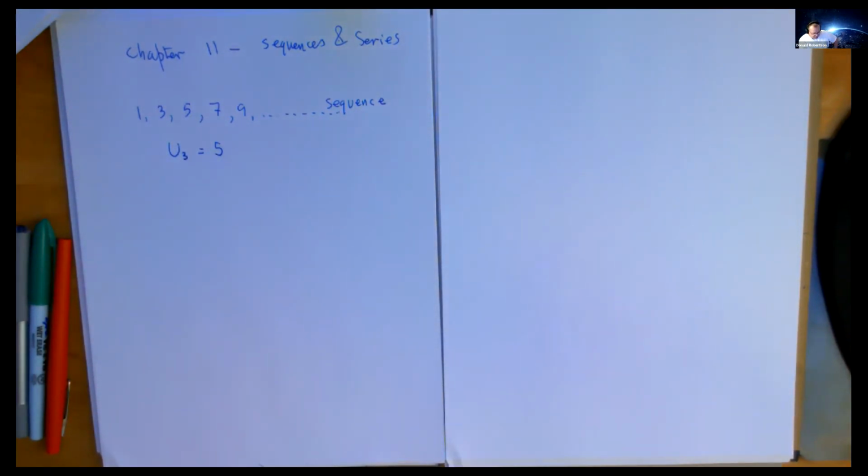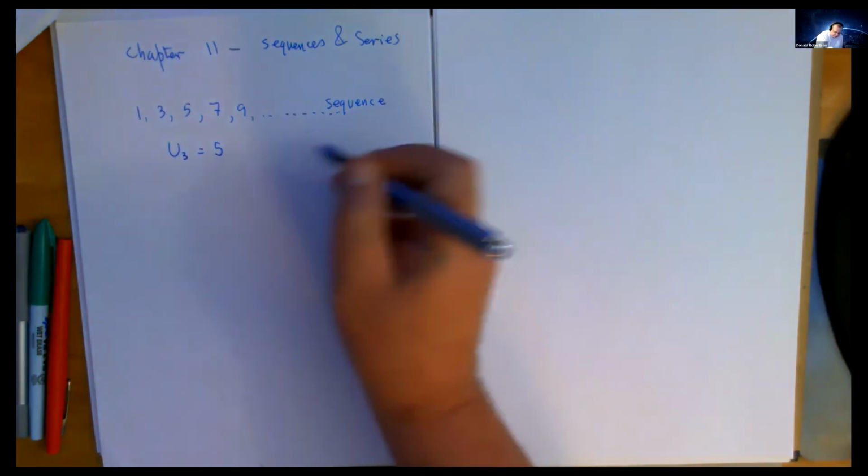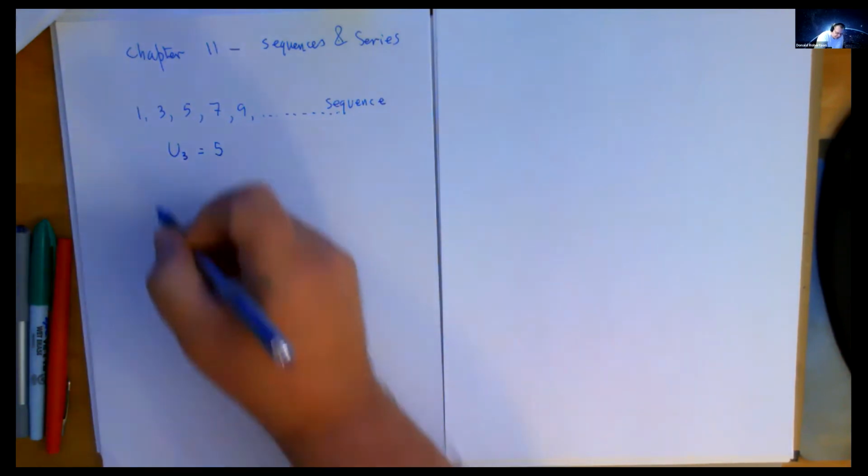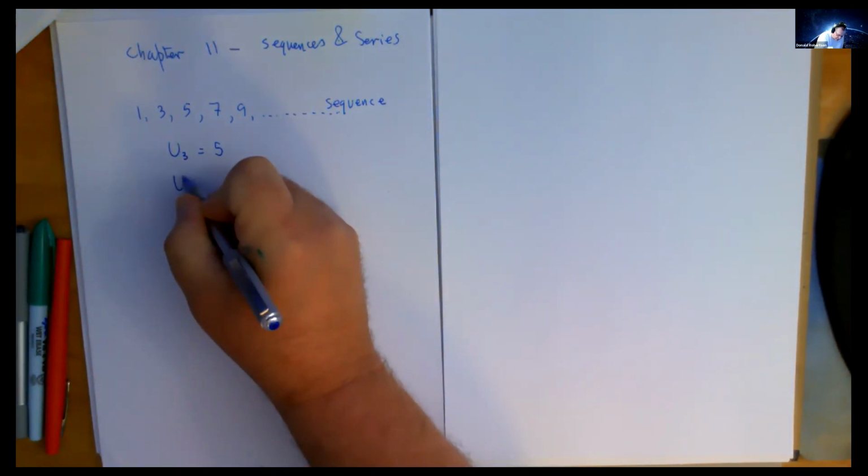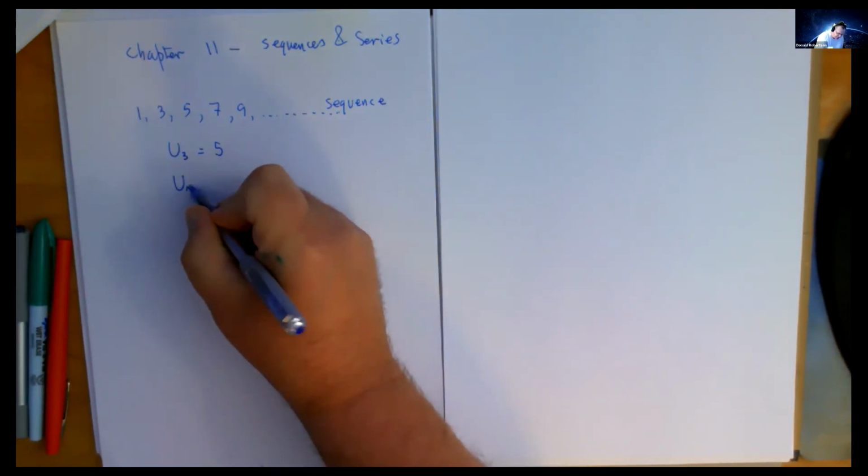Now, a sequence is a list of numbers that has a pattern to them, and it has to have a pattern, or it's not truly a sequence, it's just a list of random digits, right? If it doesn't have a pattern, it's just random, and the next number could be anything. A sequence has a pattern to it, that is helpful. And when you have a pattern, you can sometimes generate a formula.